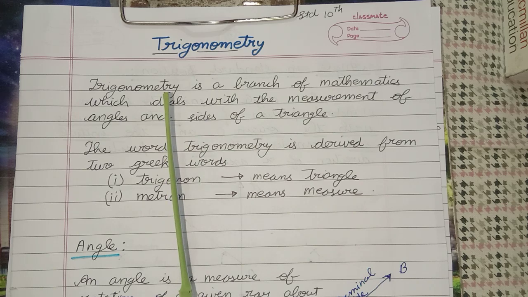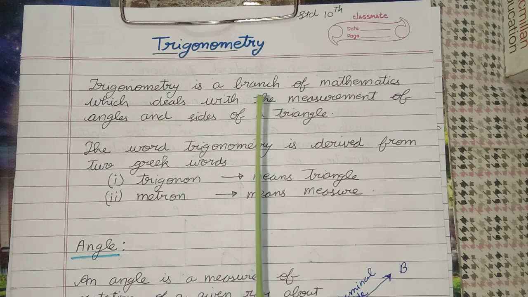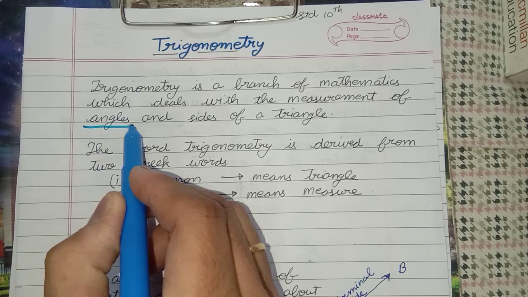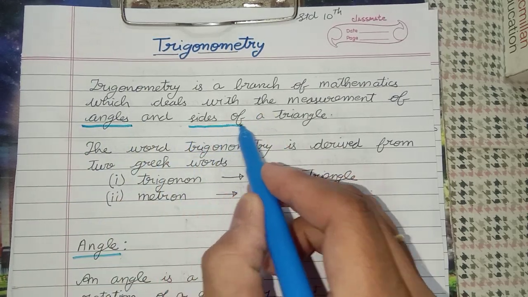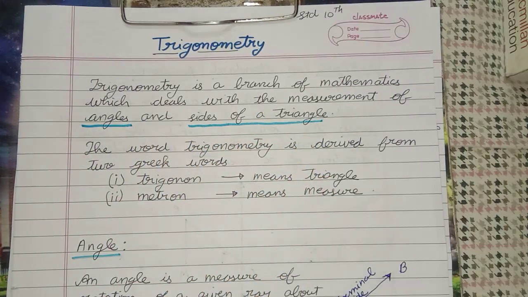Now see, trigonometry is what? It is that branch of mathematics which deals with measurement of angles and sides of a triangle. I am underlining this: angles and sides of a triangle.